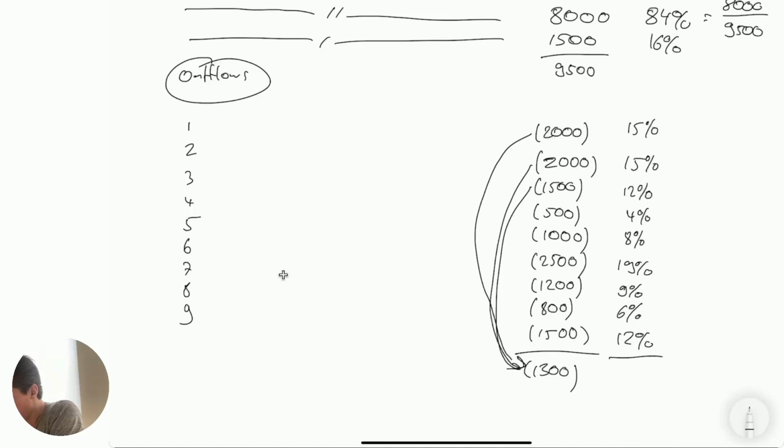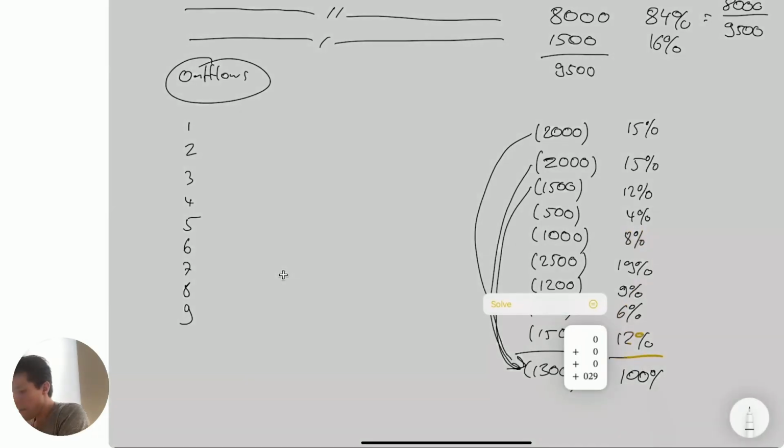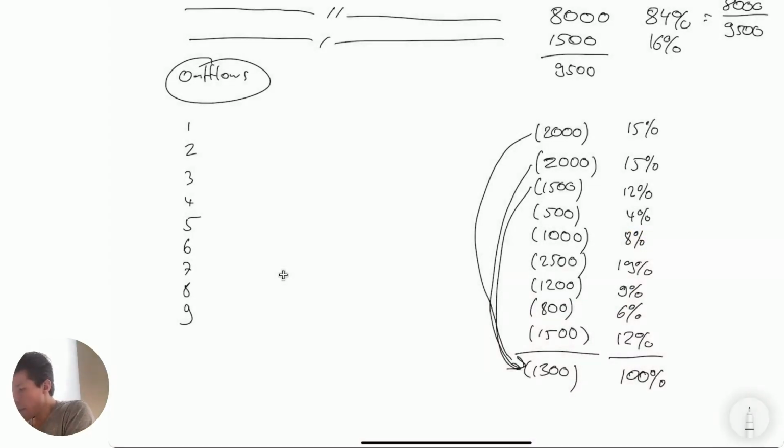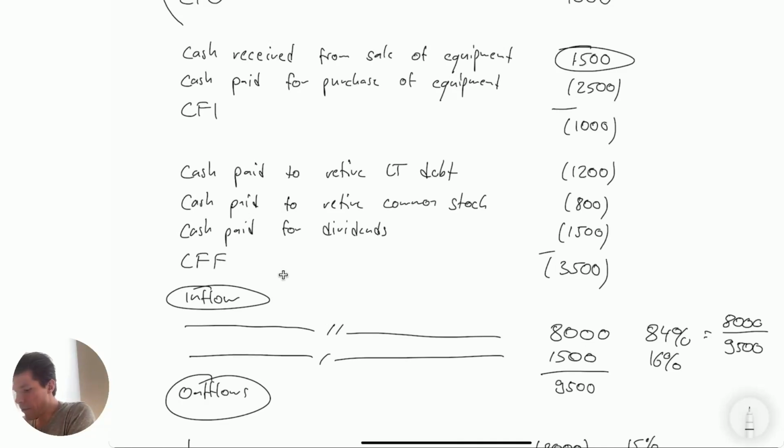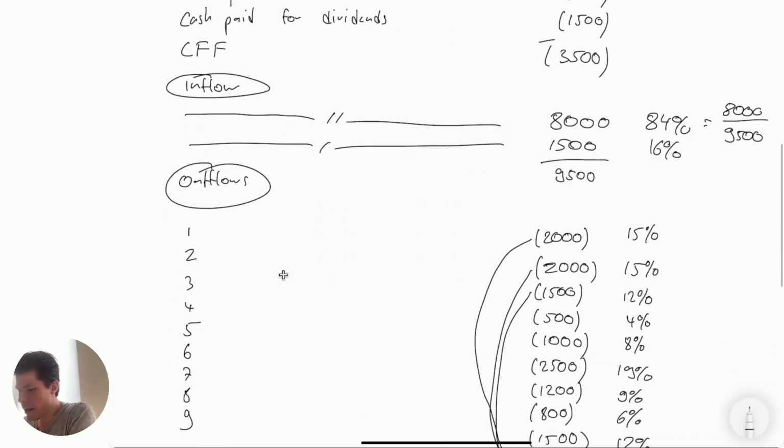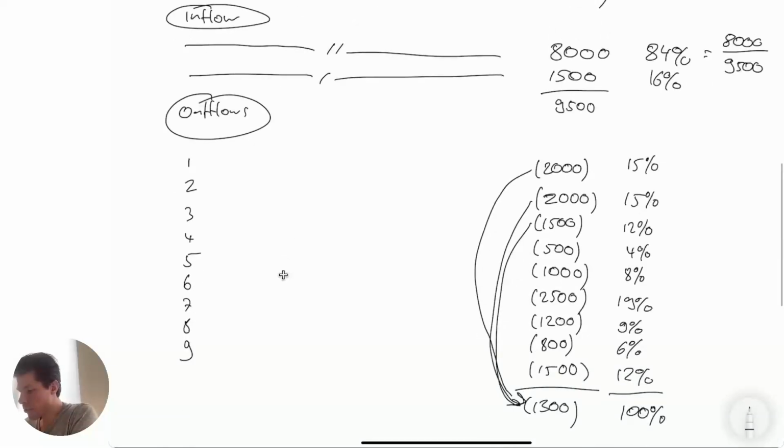And if you've done it correctly, then you have 100% here. So really, every inflow item is expressed as a percentage of total inflow, and each outflow item is expressed as a percentage of total outflow.